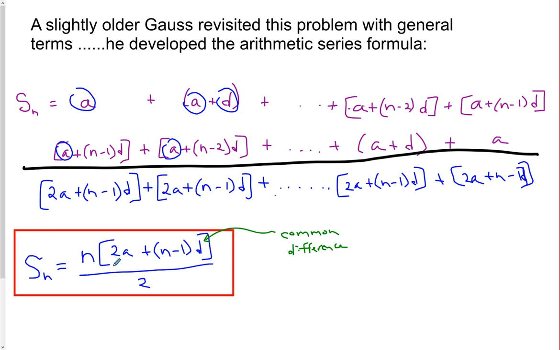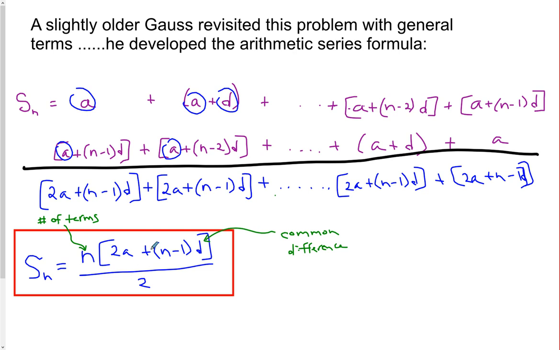N appears a few places, and that's going to be our number of terms. How many numbers are in this sequence that we're adding up?